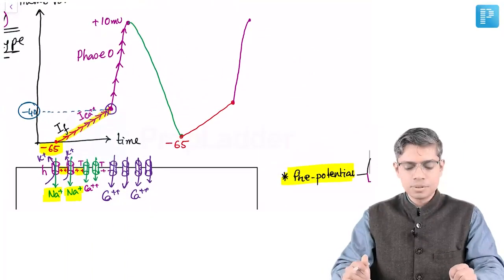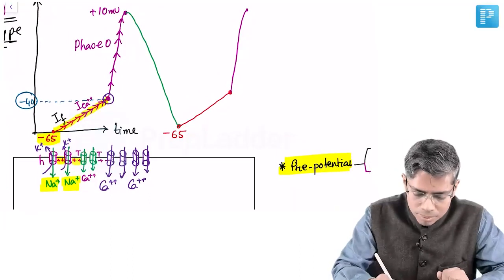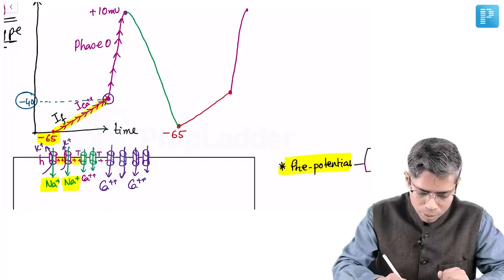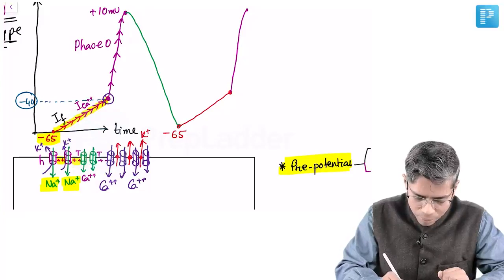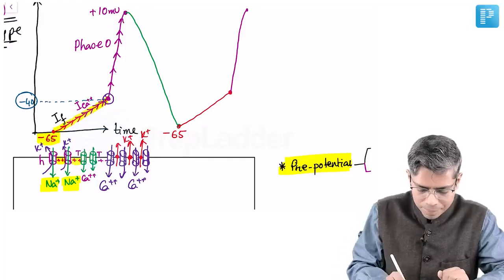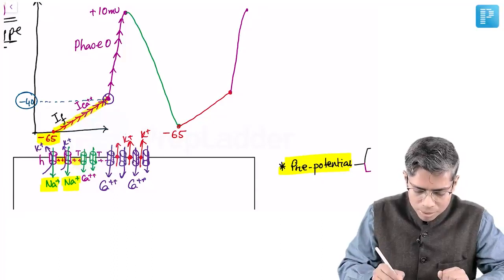Now after phase 0, what will happen? There will be opening of potassium channels. We all know that whenever potassium channels open, potassium goes out of the cell. So this red color is nothing but the potassium exit from the cell.